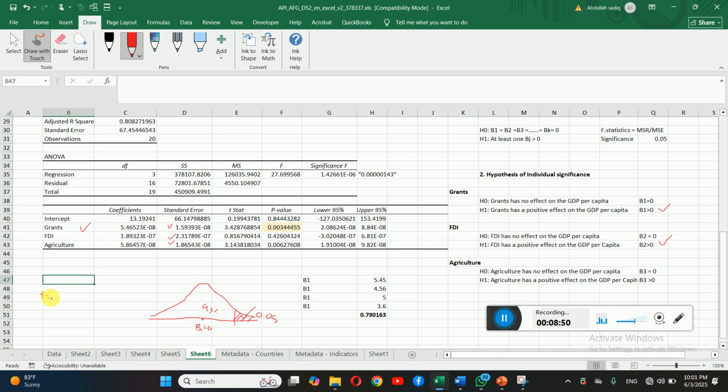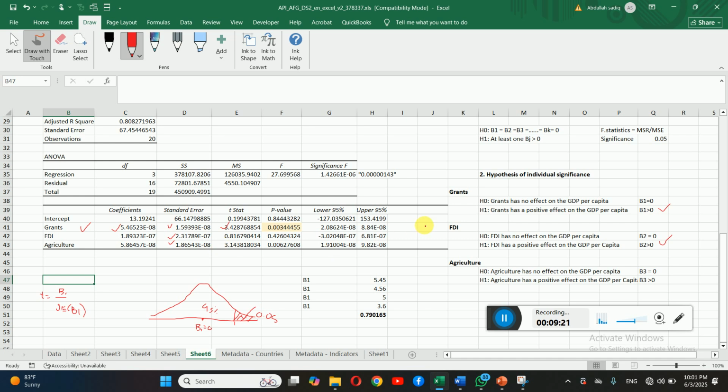Take the coefficient, for example for the first, which is grant, the beta 1, and divide it by the standard error of beta 1. If you look in Excel, the coefficient divided by the standard error gives the test statistic value, students. Hopefully the idea of the test statistic is also clear.